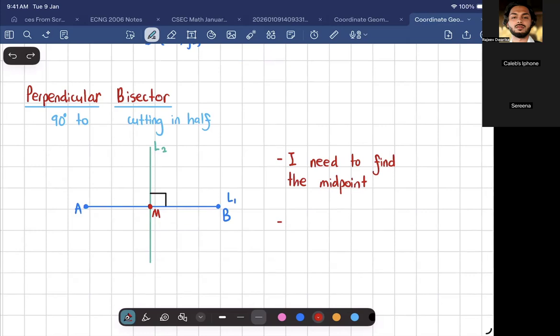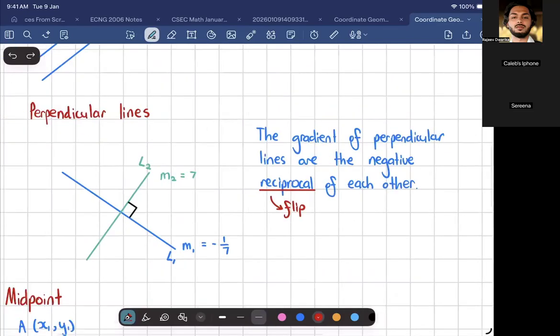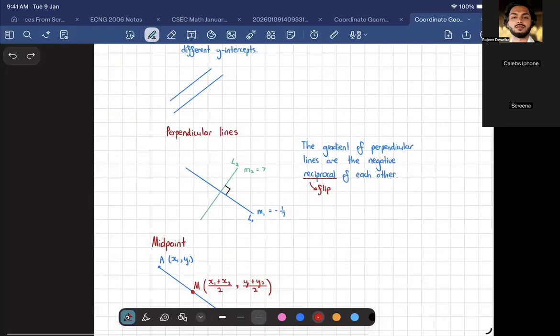Parallel lines have the same gradient because they're going in the same direction, but that's not the case for perpendicular. What did I say about perpendicular lines? The negative reciprocal of each other. Exactly.